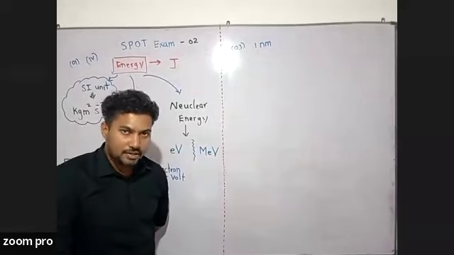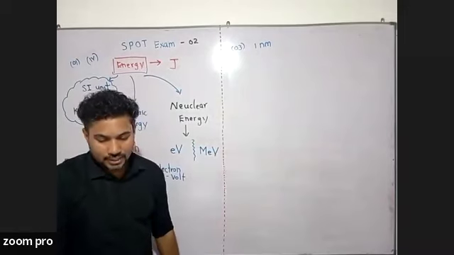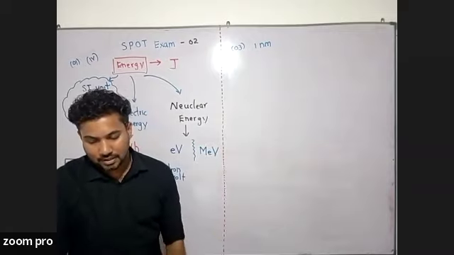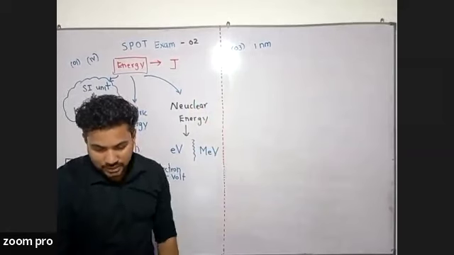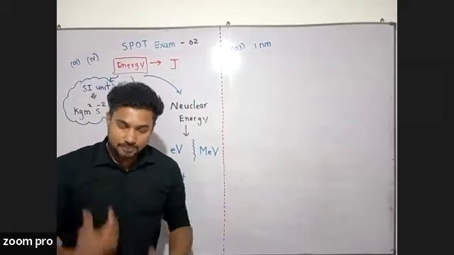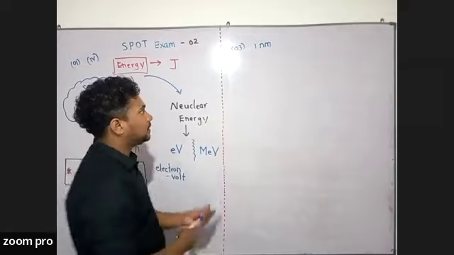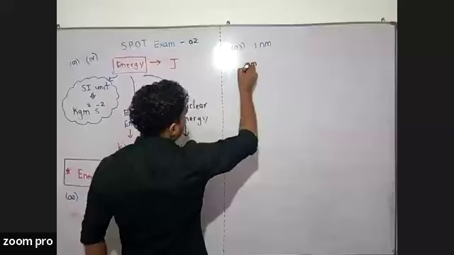To obtain this answer, you have to convert nanometer to the given units. So let's take the first example. In the first answer, the value is given in millimeters. So let's convert nanometer into millimeters.